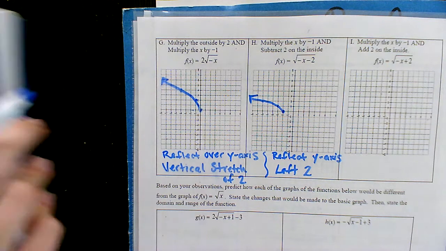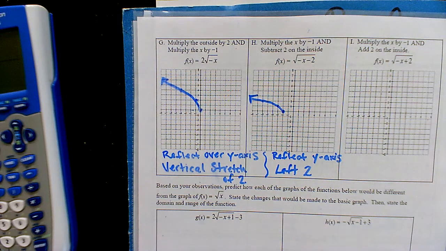Right, so you got to be careful with that negative on the inside. It's actually changing the way it's shifted. What about the next one? Can we describe the transformations? How it was moved? Good, Marie?